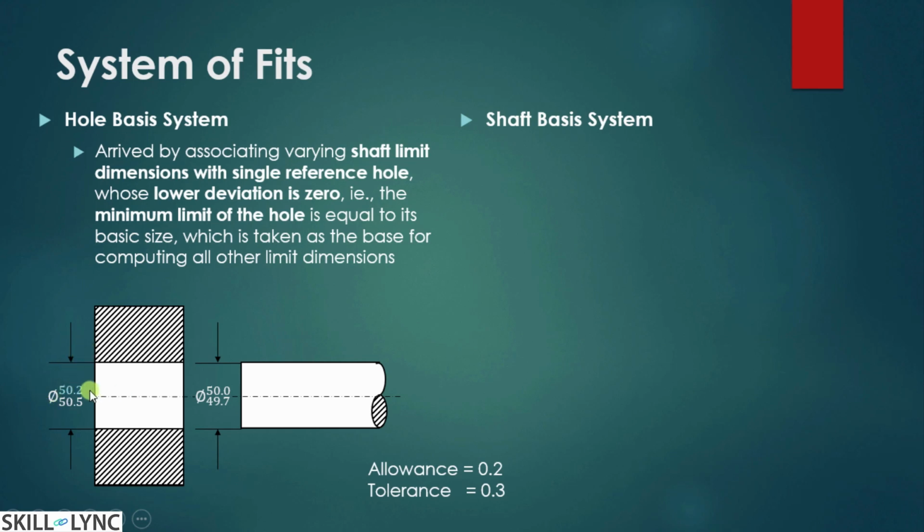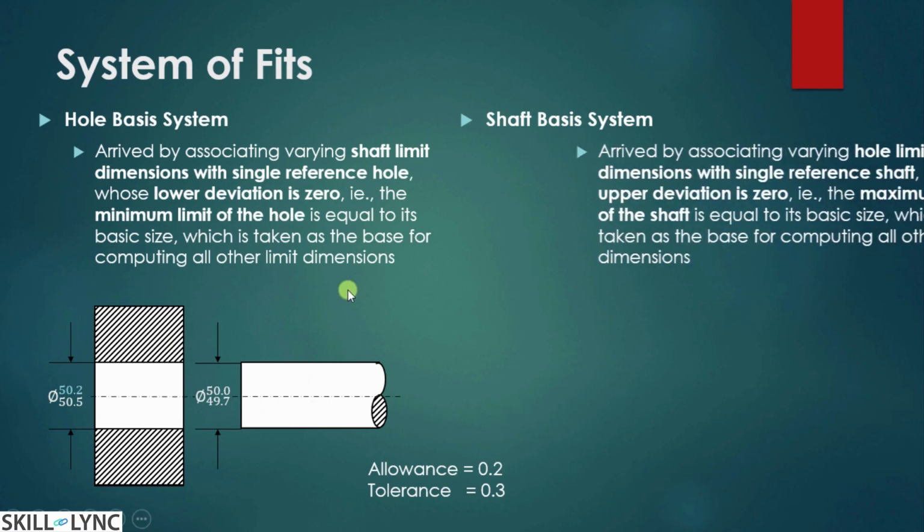So you have assigned the maximum most possible condition of this shaft based on this hole basis system, and say it is 50 only, and then you apply the tolerance for this component, that is you allow the variation of 0.3. As you have already specified the max limit of the shaft, the min limit is going to be 49.7. So this is how your hole basis system is going to act.